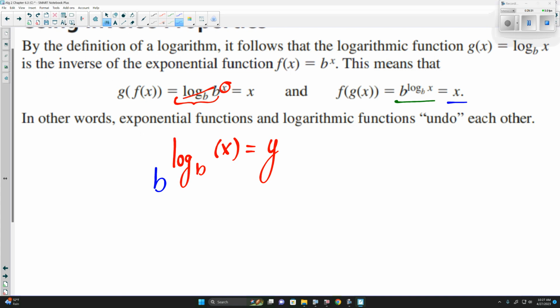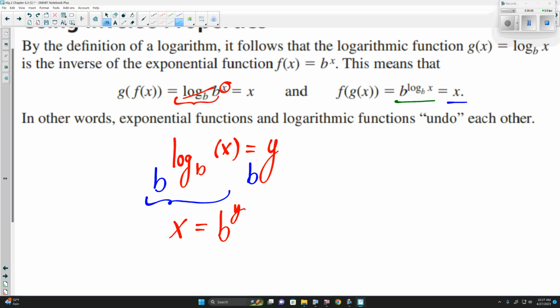So the entire left side of this here is going to reduce to x. What's inside the parentheses, yes? But can I do something to just one side of the equation and not the other? No. If I apply a base b to the left-hand side, I have to apply it to the right-hand side, which tells us x is equal to b to the y, yes?